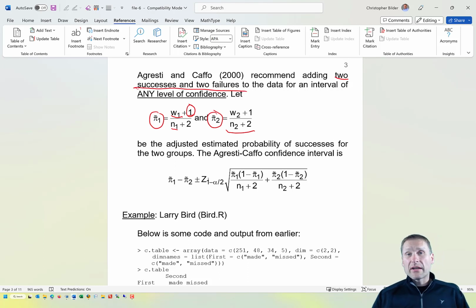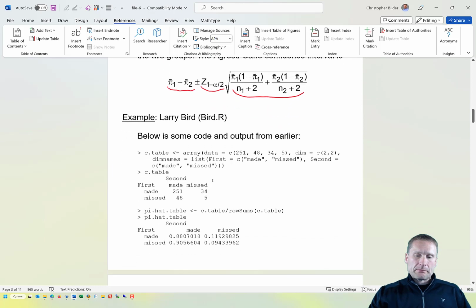Well, they actually looked at some other adjustments and they found that this one worked the best. So with these adjusted estimators, we can form what's like a Wald interval. Pi tilde 1 minus pi tilde 2 plus or minus the quantile from a standard normal distribution times the square root of an adjusted estimate of that variance. So again, this will be the interval that we will be using.